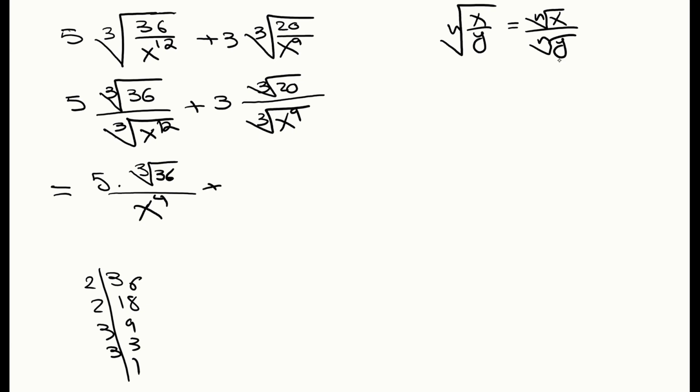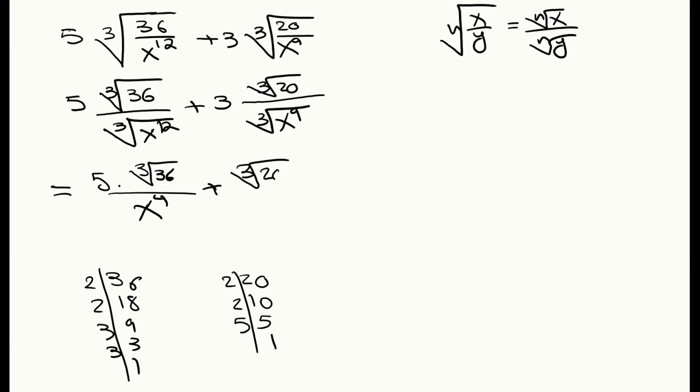And we have plus 3 times, we know there is no cube root in 20, but just to show you, you notice that we have 2, 10, 2, 5, 5, 1. No perfect cube in this factorization either, so there's not much you can do with that either.